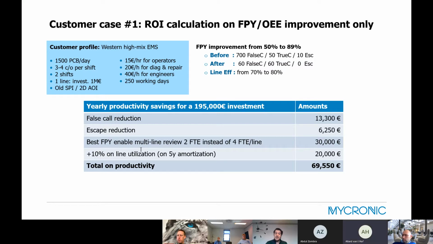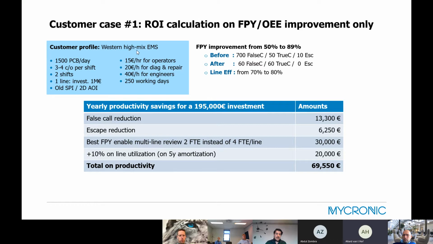And this multiplied by 250 working days, we are approximately at 13,300 euros per year. No? So I hope that's a little bit clear, even if you don't have all the numbers here, but I try to do it realistic, so that you get a feeling.